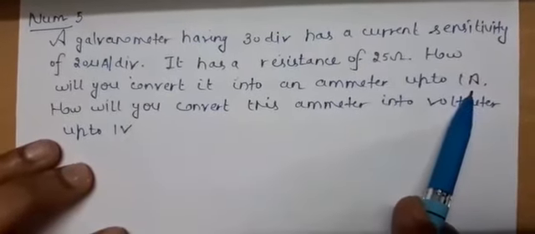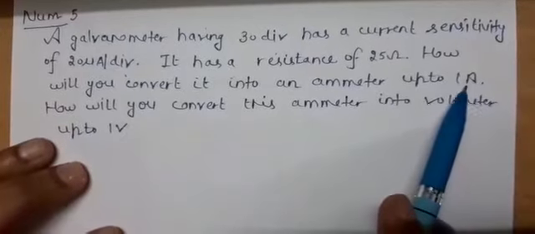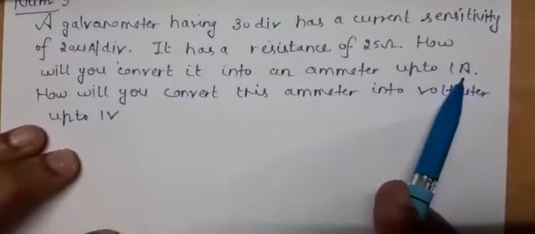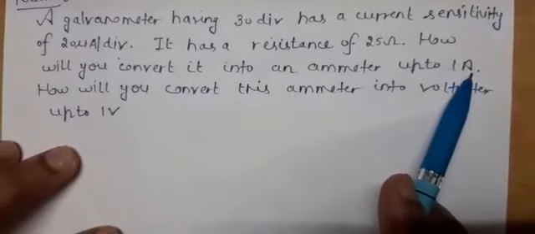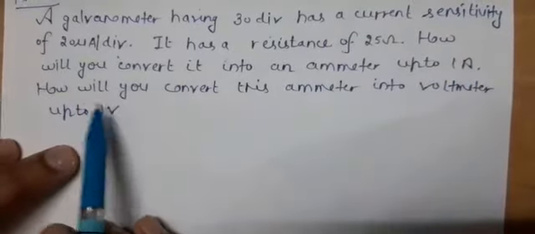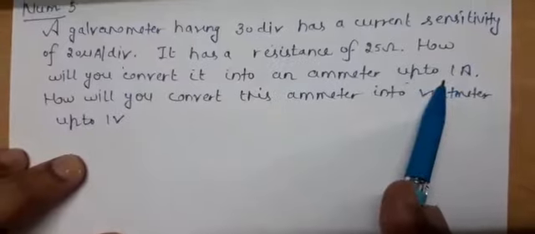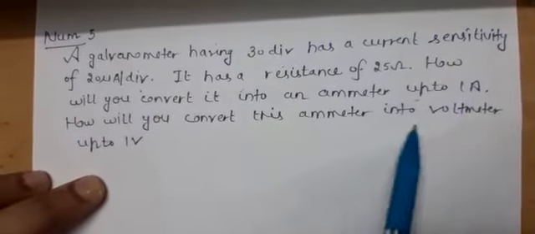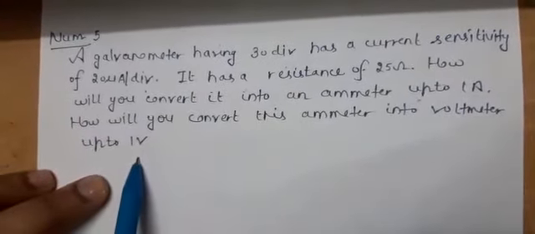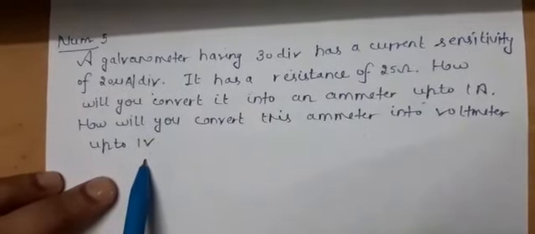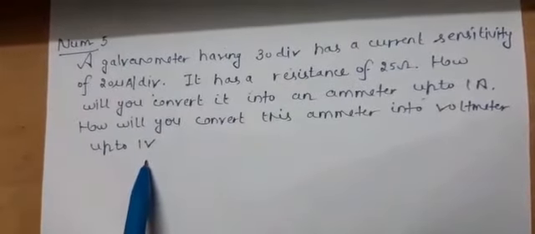First of all, you have to convert this galvanometer into an ammeter of maximum value 1 ampere. And second point, this is very important: how will you convert this ammeter which we have obtained, into a voltmeter up to 1 volt. So slightly tricky question, let me solve this numerical.